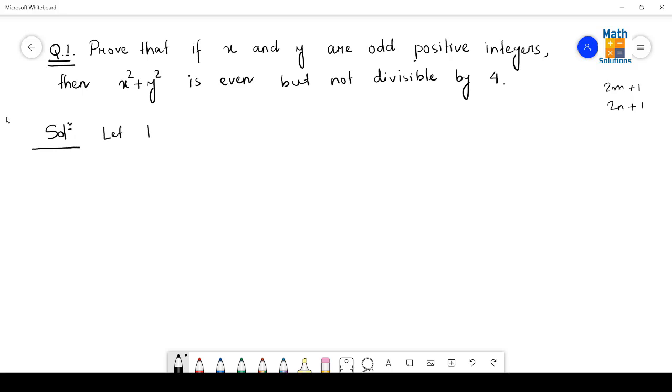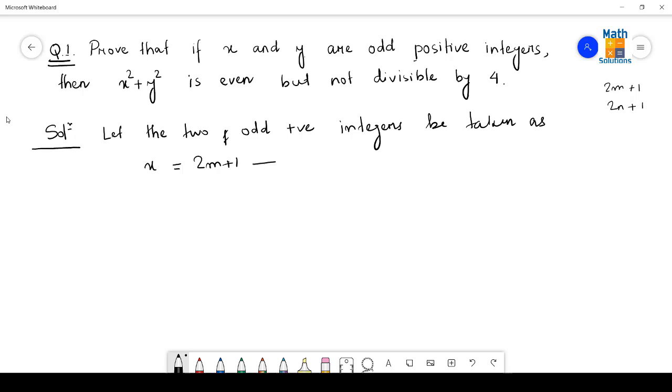Let the two odd positive integers be taken as x is equal to 2m plus 1, and let's mark this as 1, and y is equal to 2n plus 1, where we mark it as 2.